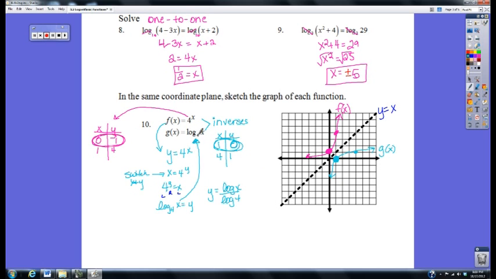You would do log x divided by log 4 if you wanted to put that in your calculator. Now the reason I put this y equals x line over here is that inverses are reflected over the line y equals x. So you should be able to tell that those are inverses of each other.